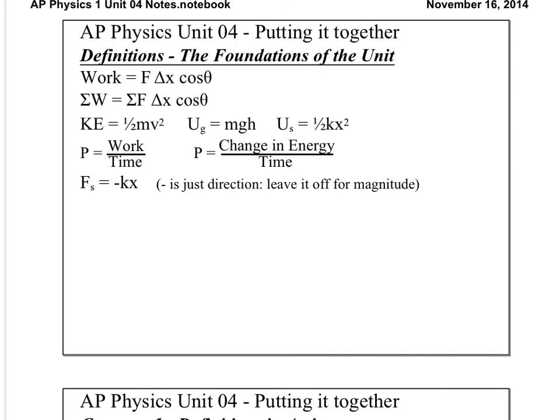So to start off with, we're going to basically start where we started at the beginning of the unit. Work is force times distance times the cosine of theta. So if we have any problem that is talking about force as opposed to speed, this is where your mind should go, to one of these two equations.